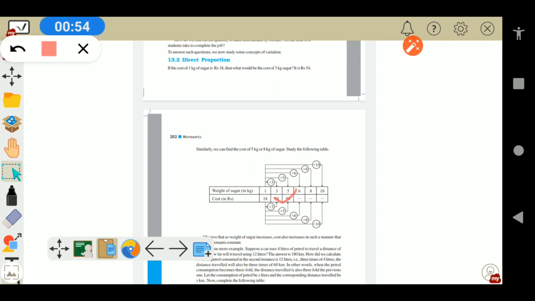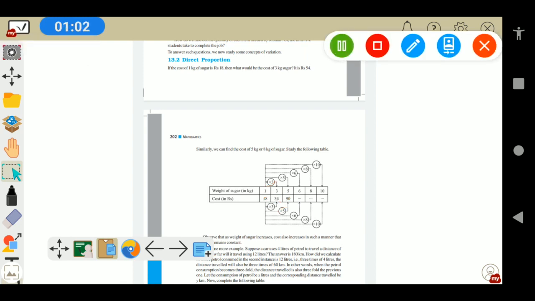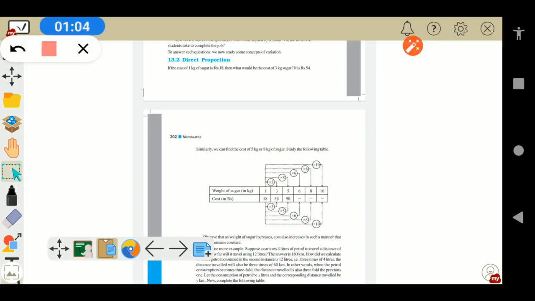So when we increase the weight, the cost in rupees also increases, and the rate of increase is the same in both. In the first we multiply 1 by 3 to get 3, and in the cost we also multiply 18 by 3 and get 54.